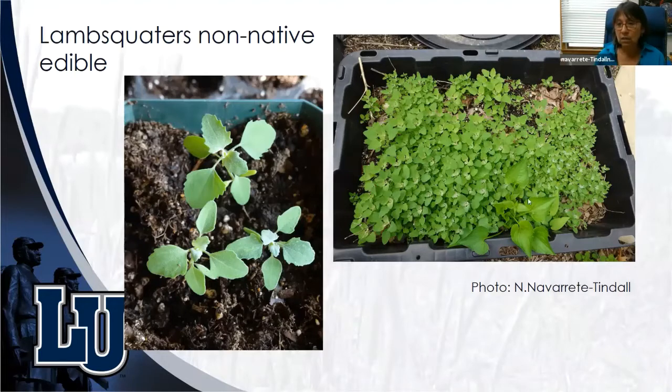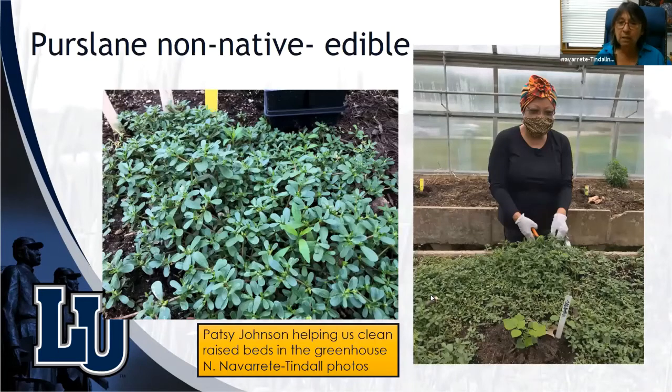And you can see these lamb's quarters. It's all I had. I was growing something else, and then I realized that I better let the lamb's quarters grow, because I do like them a lot. And I consume them as much as I can. Another plant that can be very weedy is purslane, another non-native.